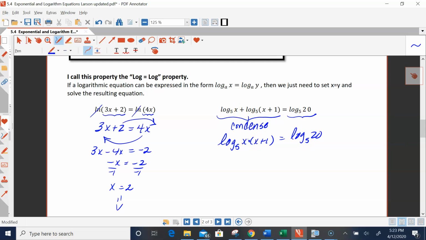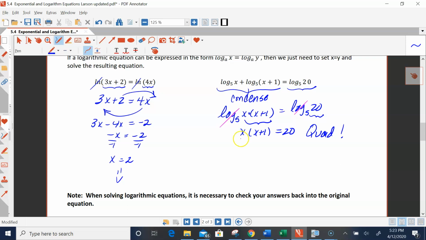Now I can apply the one-to-one property because I have the log of a single argument equal to the log of a single argument. So log equal log means I can just drop those and solve for what's left. x times x plus 1 equal to 20. So by dropping those two logarithms, I'm left with a quadratic that I need to solve.